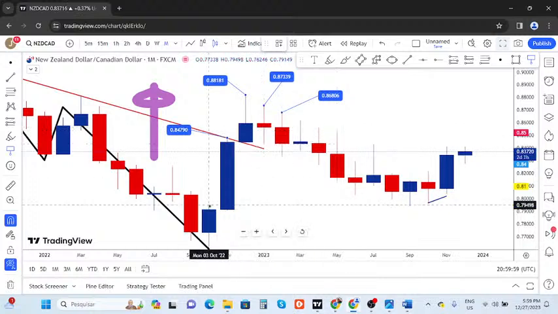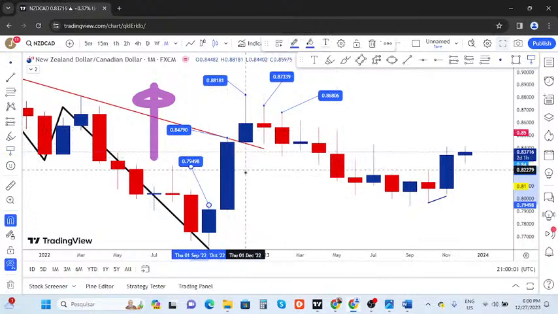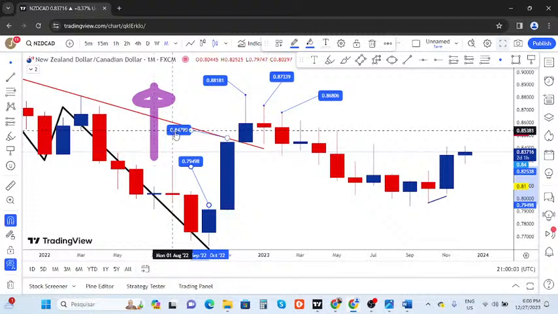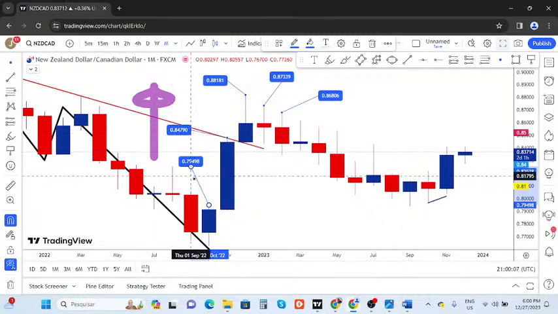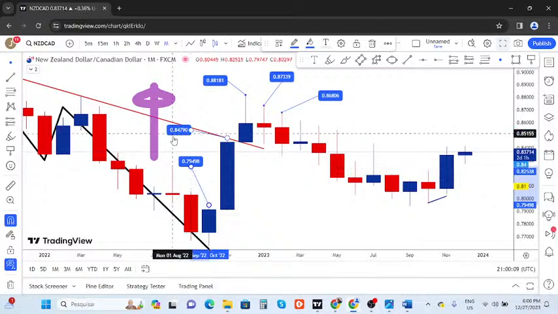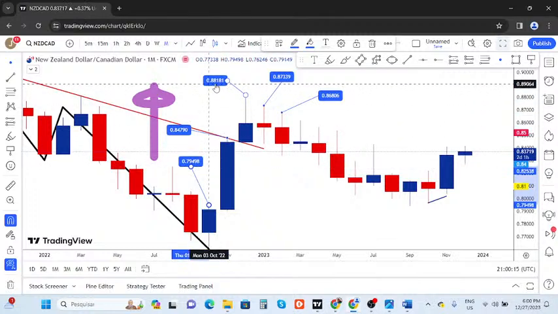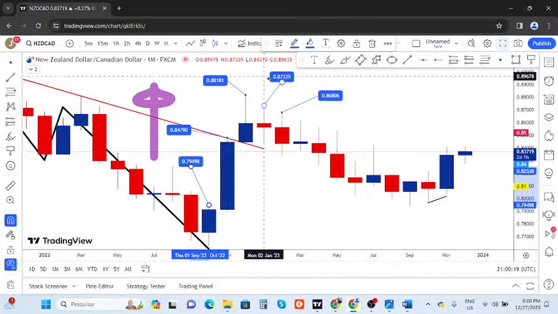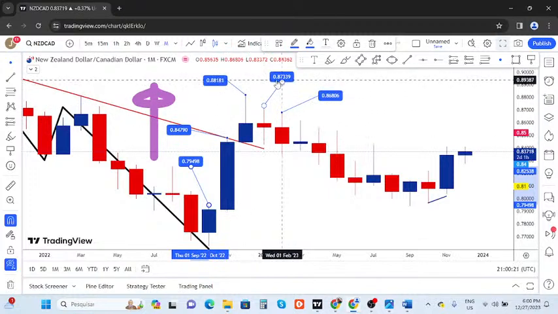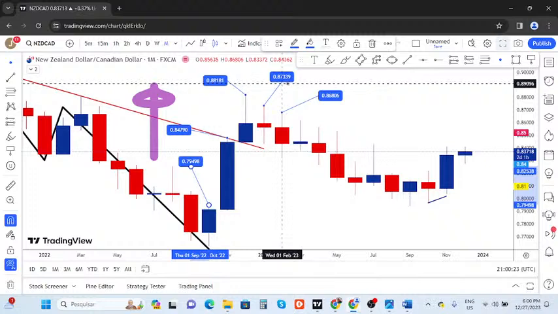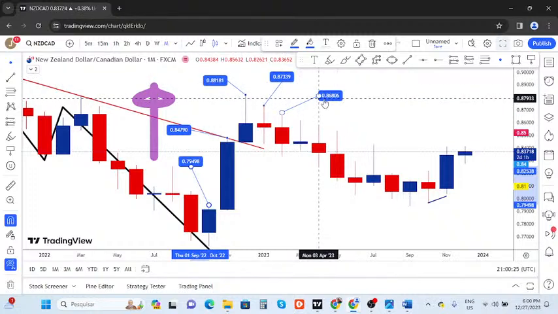So for these two candles, we can see the numbers here: 0.84790, this one is 0.79498, this one is 0.88181, and this one is 0.87339. This other one here is 0.86806.